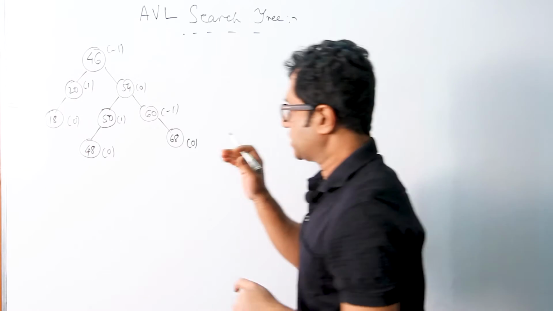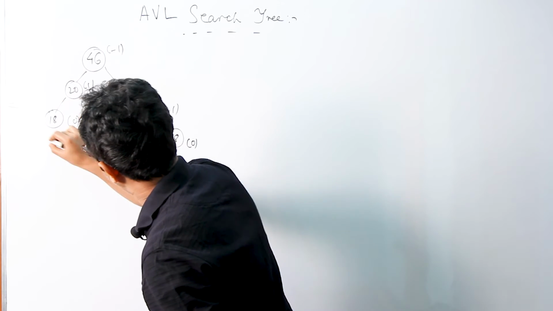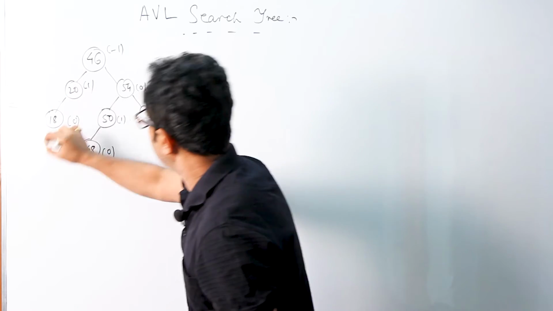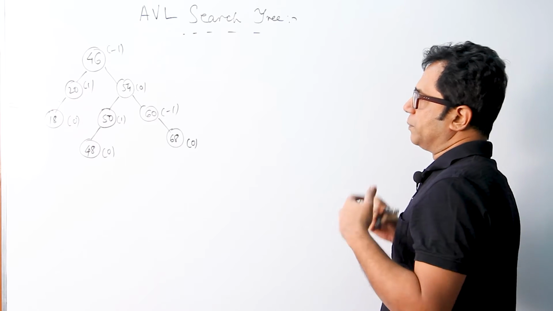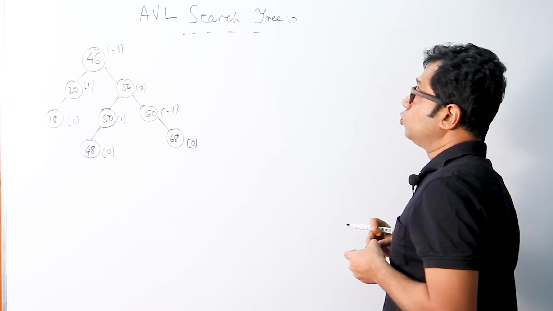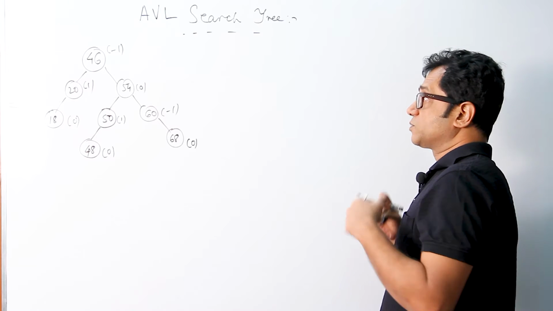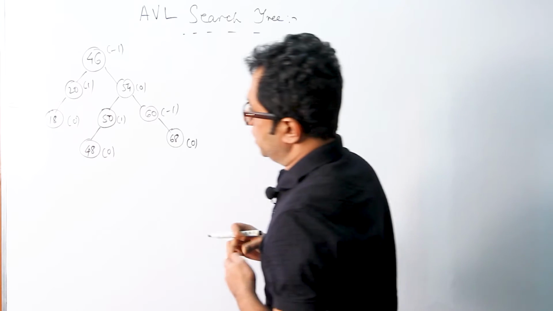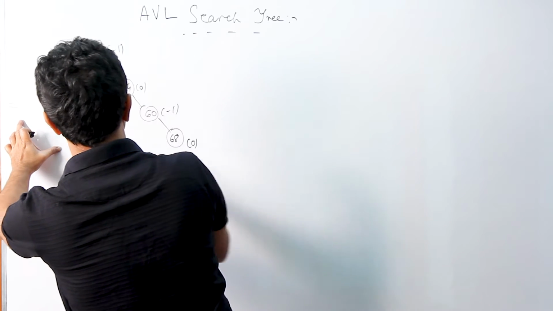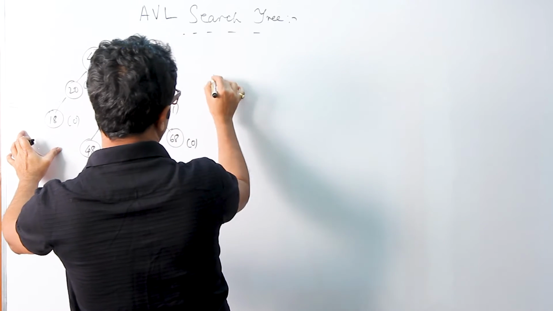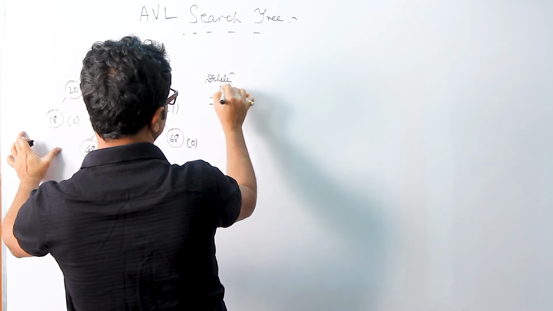So in this case, suppose we delete this 18 from here and see what happens, then we will be able to understand what we are going to explain in this video. So I will write delete 18.